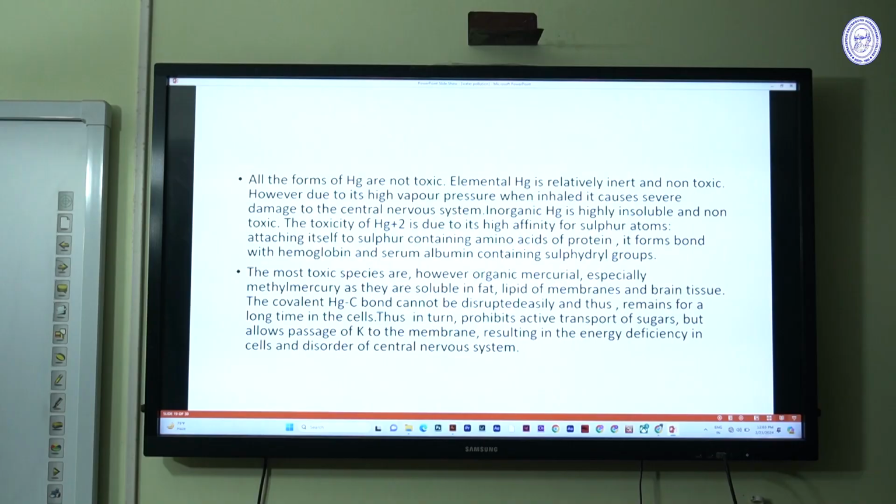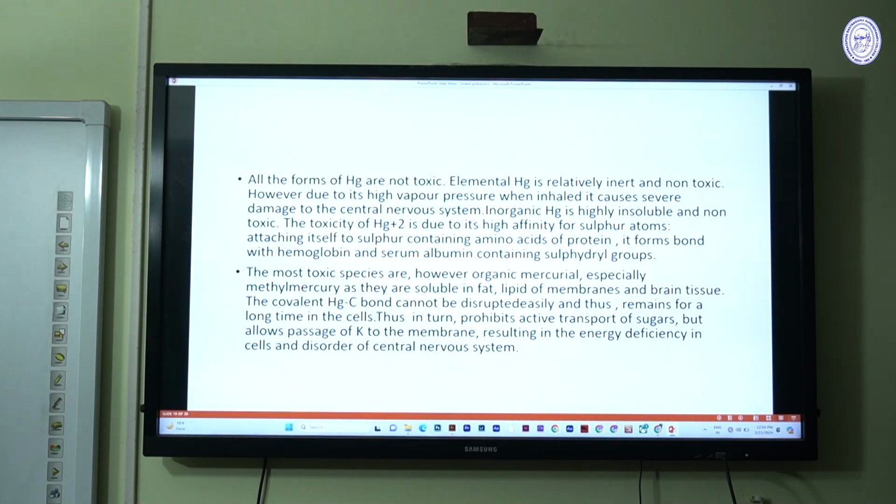Now, the most toxic species are, however, the organic mercurials, especially methyl mercury, as they are soluble in fat. So, lipids of membranes and brain tissue are affected. The covalent mercury-carbon bond cannot be disrupted easily and thus remains for a long time in the cell.